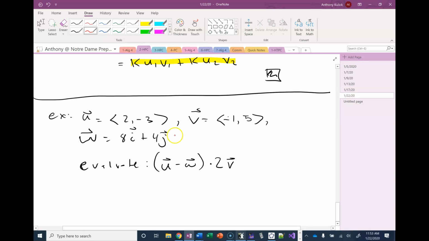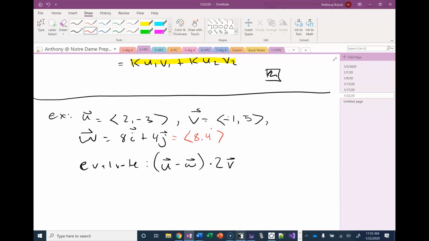So first thing that I would worry about is getting the vector W out of this linear combination form and into component form. So what's the component form going to be for vector W? 8, 4. Very good. So the i is the x and the j is the y.